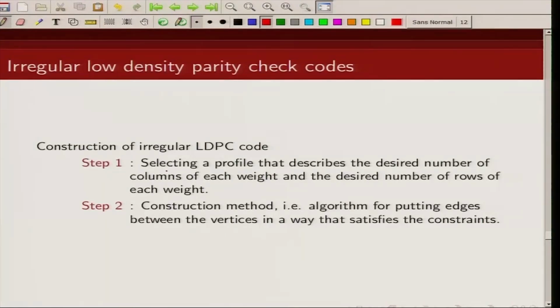We first select a profile that describes the number of rows of each weight and the desired number of columns of each weight, and then we need a mechanism of putting edges between the vertices in such a way that this constraint is satisfied, that so many rows should have so much weight and so many columns should have so much weight.